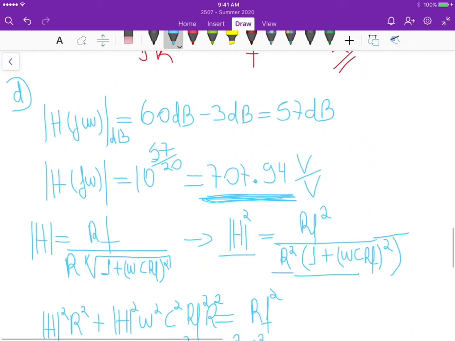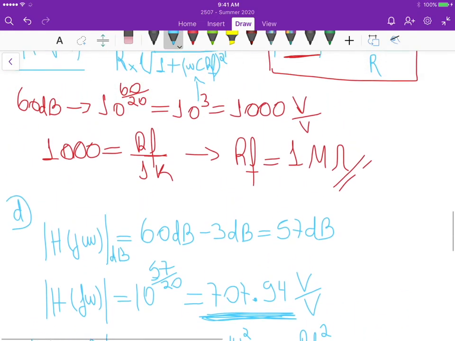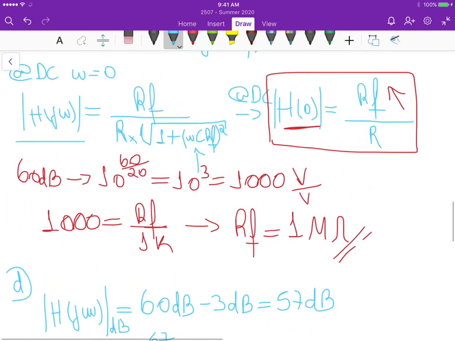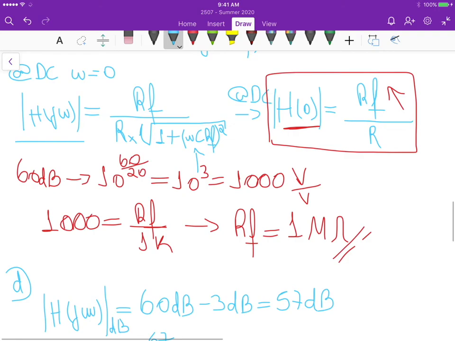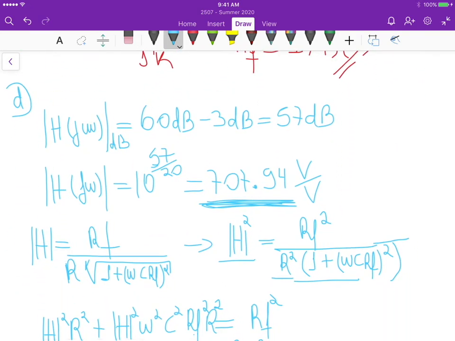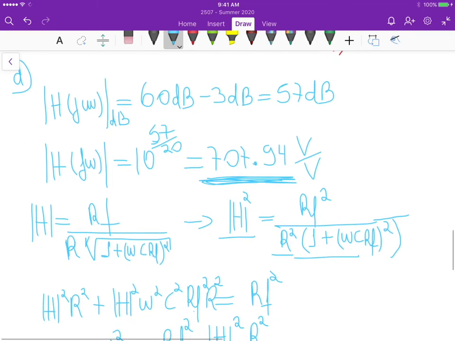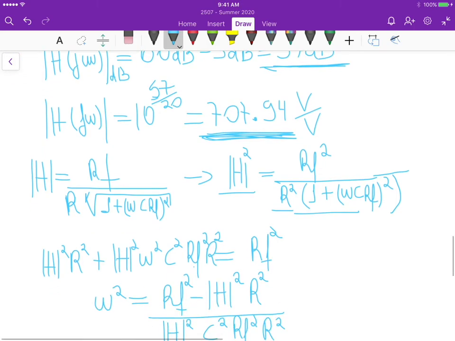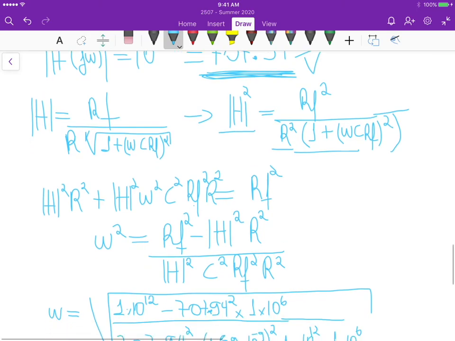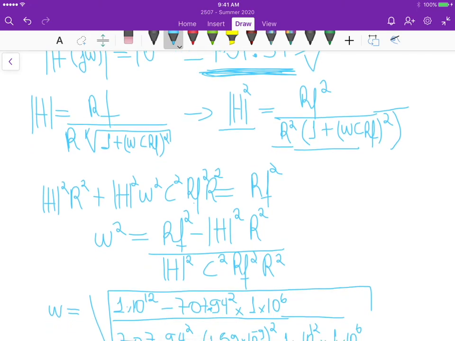Just a quick recall. We know the voltage transfer function right here. The 3 dB point for this particular circuit happens at 60 dB minus 3 dB, so exactly at 57 dB. Then we manipulate the magnitude of the voltage transfer function to isolate omega.